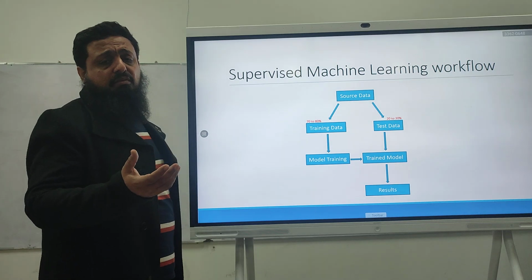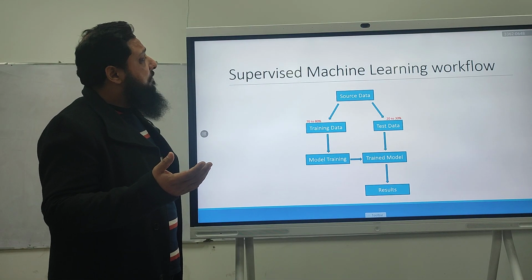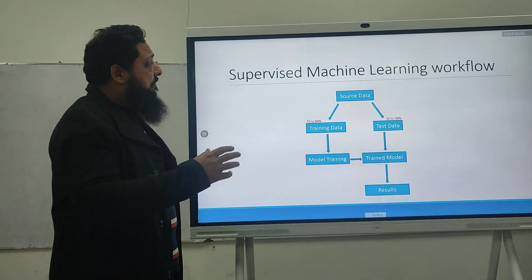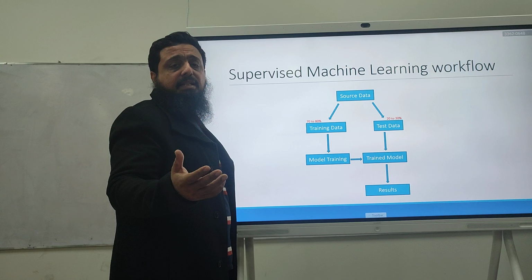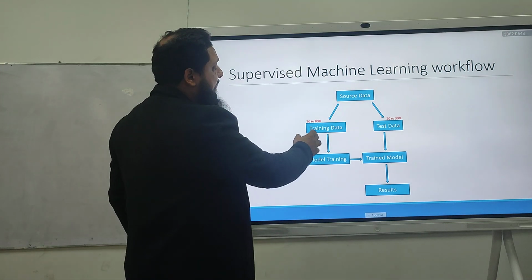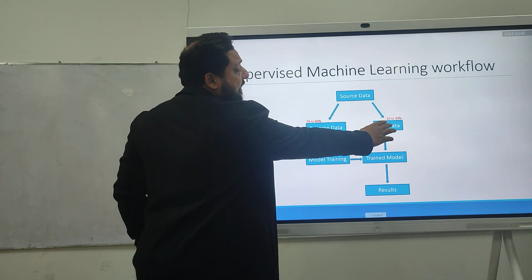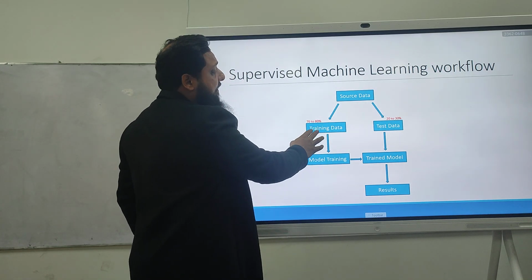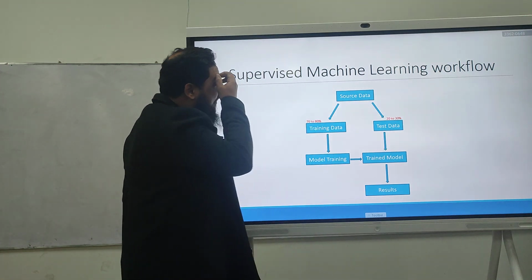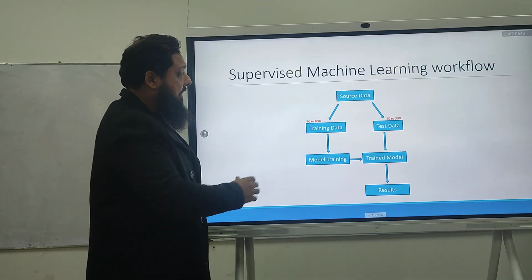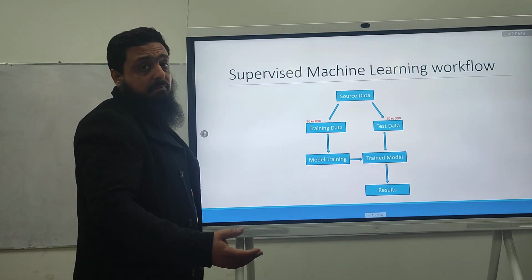So what is the general workflow of a supervised machine learning problem? When you have data, consider that our data is clean and ready. We divide the data into a training set and a test set. Remember, in the training set we also have labels, but in the test set we don't have labels, right? If we have them, we have to remove them.